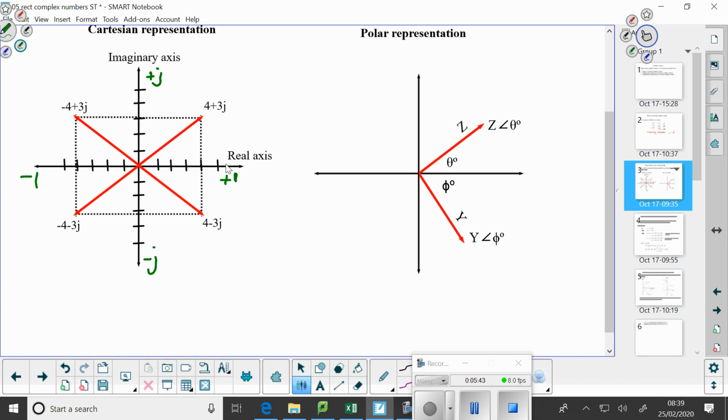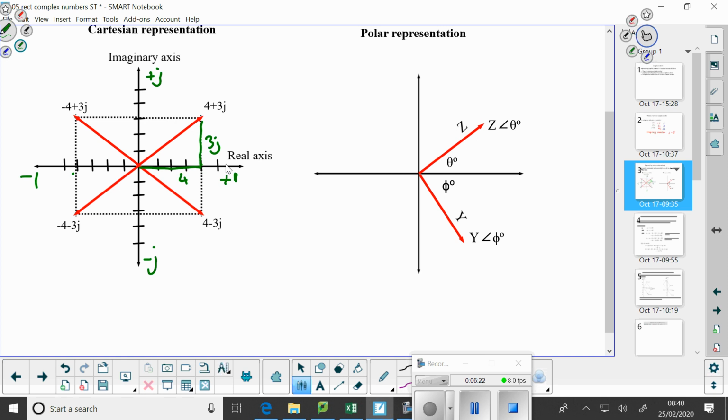And a vector like so is represented by how many we go across, that's the 4, and how many we go upwards, plus 3j. So it has a real component, the horizontal axis, and an imaginary component, the vertical axis. Over here, we're going -4 on the x-axis, and then plus 3 upwards. So it's -4 plus 3j.